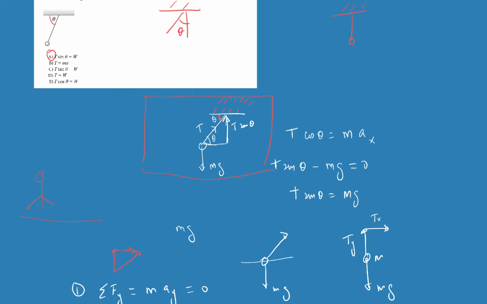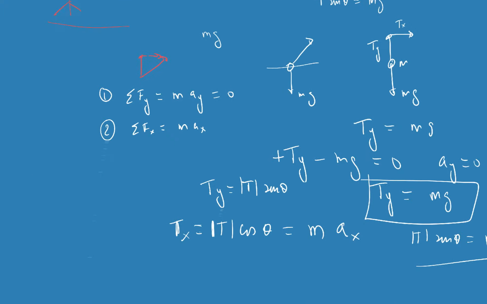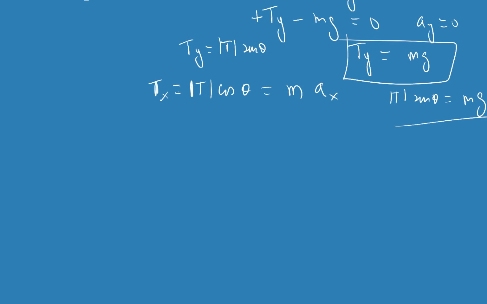So as a summary, when you see a problem, for equilibrium or not equilibrium, you will say the sum. That's why you study vectors. The sum of all the forces in the x direction produces acceleration in the x direction. How much? The mass by the acceleration.